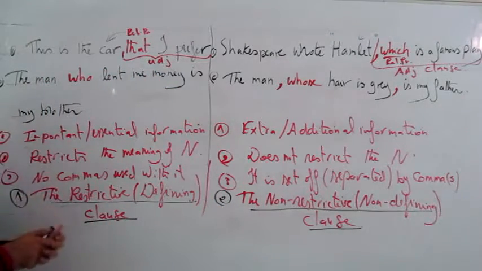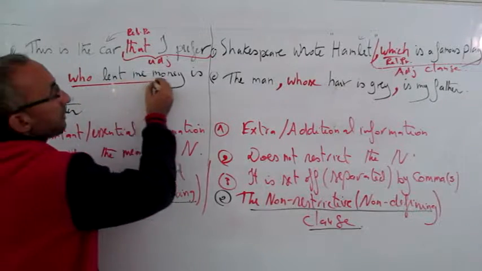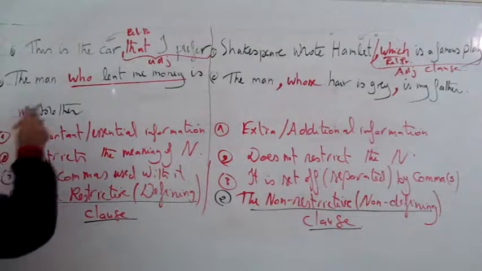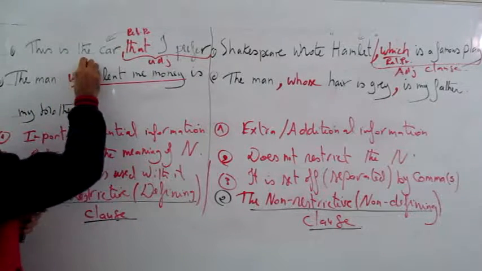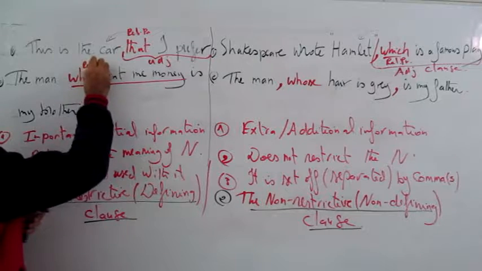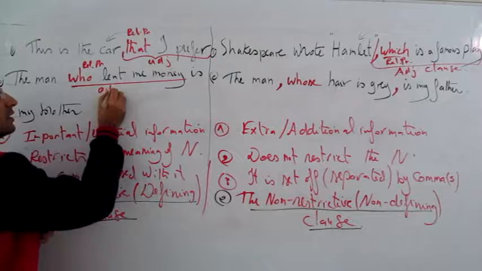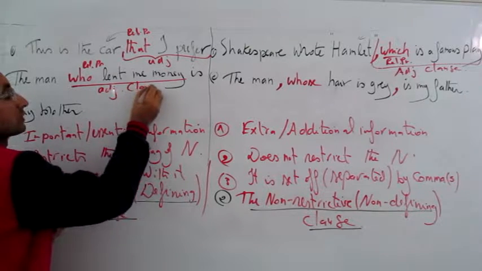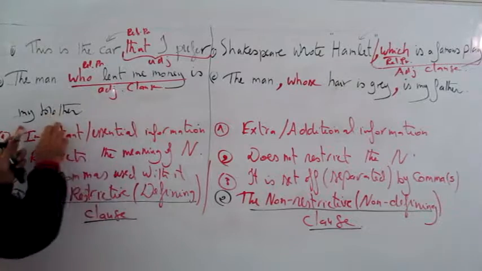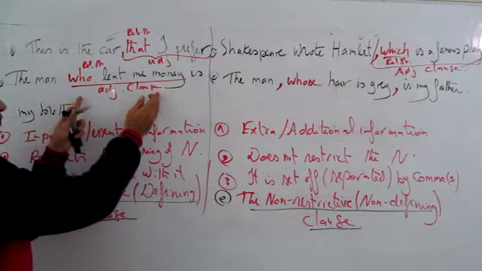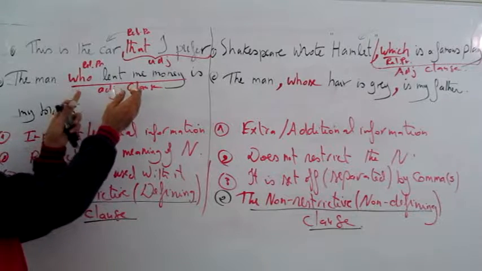Let's look at an example. The man who lent me money. Here I have a clause which starts with a relative pronoun. So this one is also another adjective clause. Clear? The man is my brother. So this adjective clause, as you see, is in the middle of the sentence.